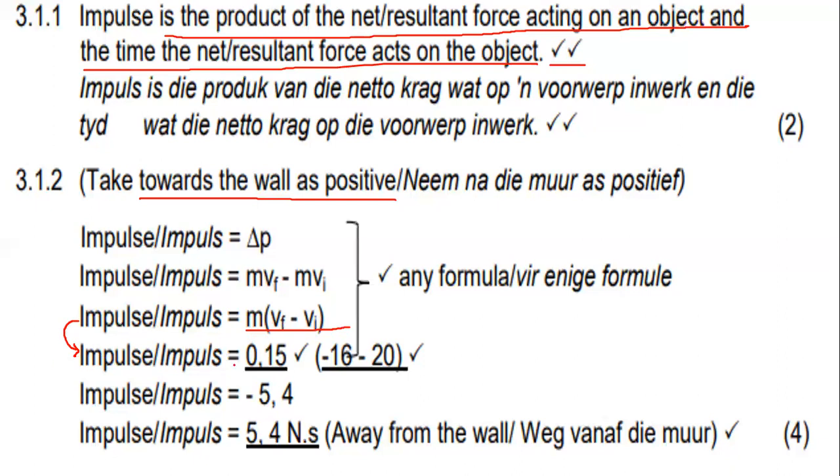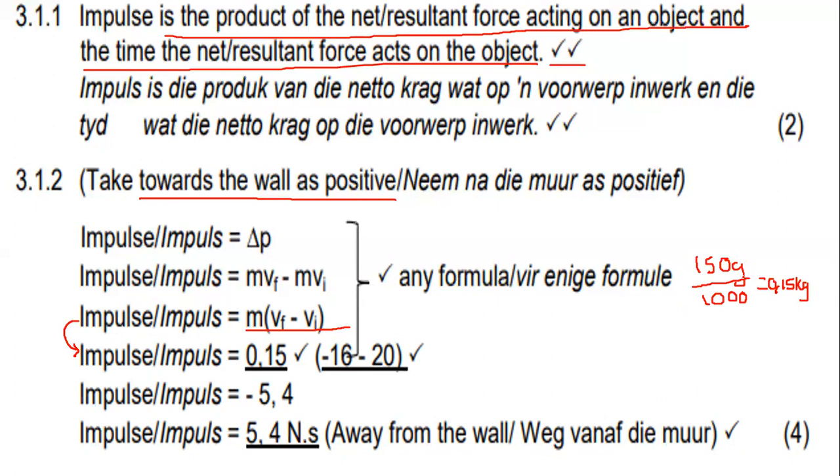Then impulse is equal to the mass of the object. Remember, it was 150 grams. Now, if it is 150 grams, what we need to do is to convert that, which will give us 0.15 kilograms altogether.